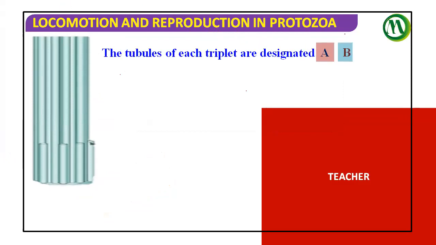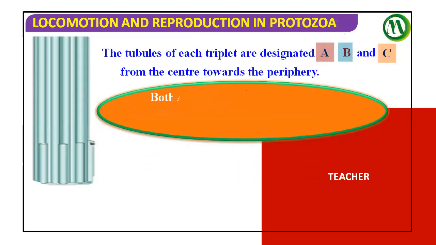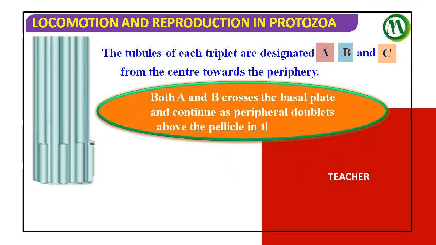So the tubules of each triplet are designated as A and B. Then we have another tubule, what do you say? C, from the center towards the periphery. Both A and B cross the basal plate or continue as peripheral doublets above the pellicle in the axoneme.